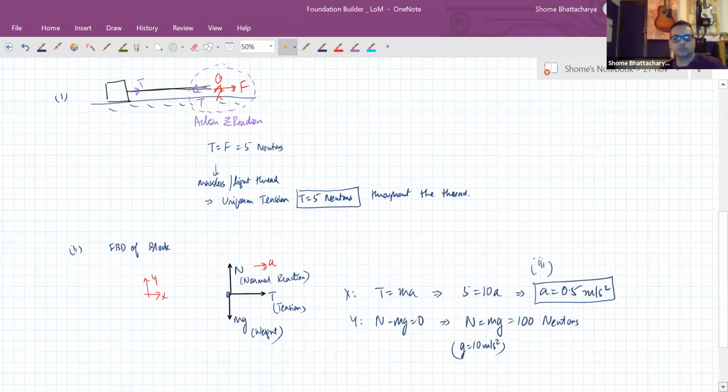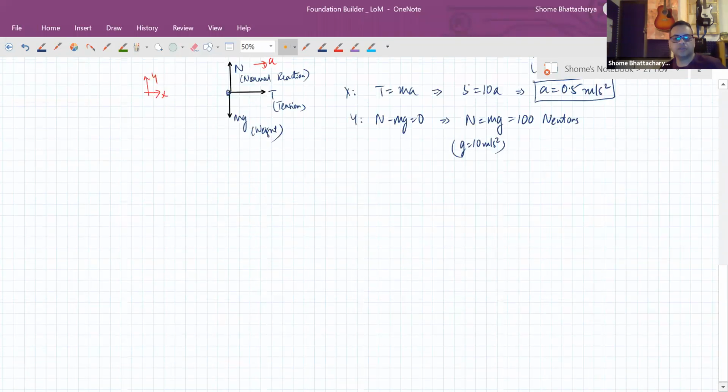Now let us see slightly more interesting examples of tension.